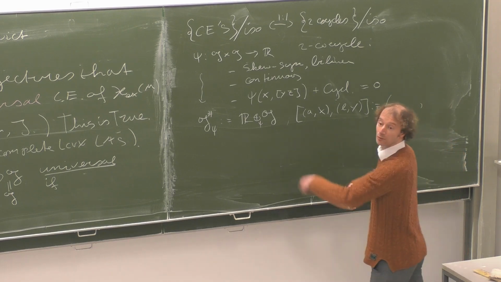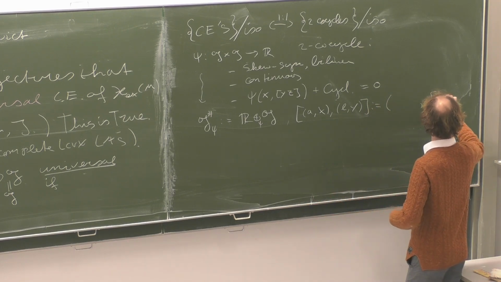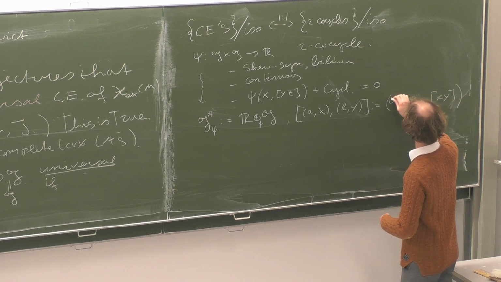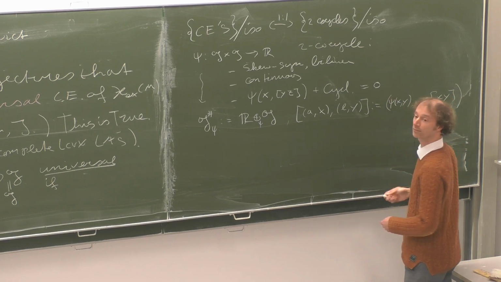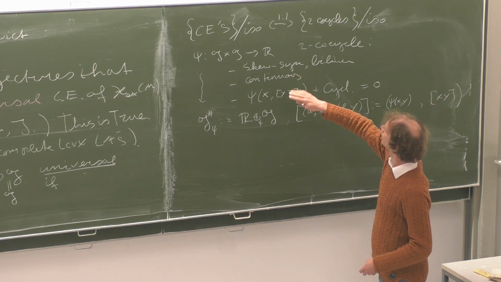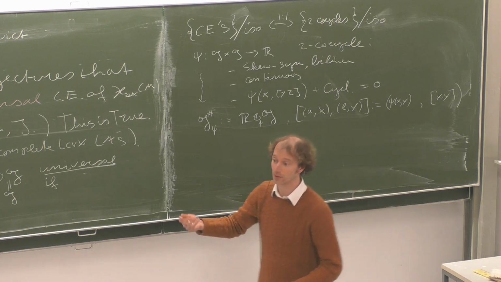On the right-hand side, for the Lie algebra, you have the old bracket. And on the left-hand side, you have the two-cocycle. Okay, so from two-cocycles, you get central extensions.